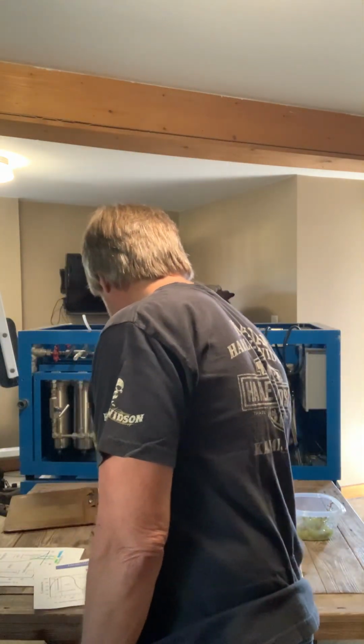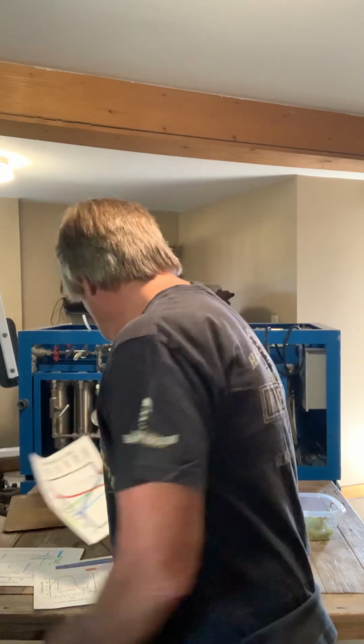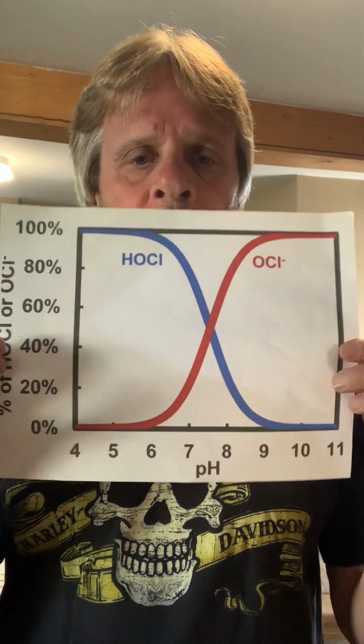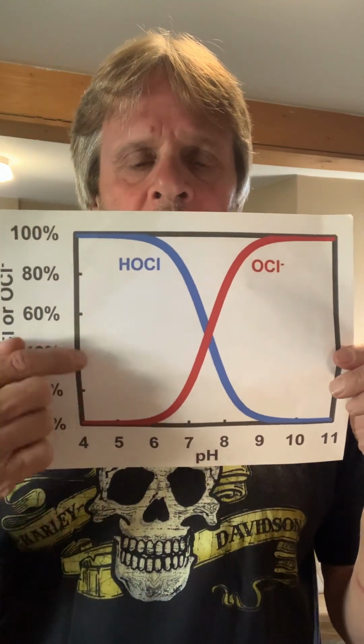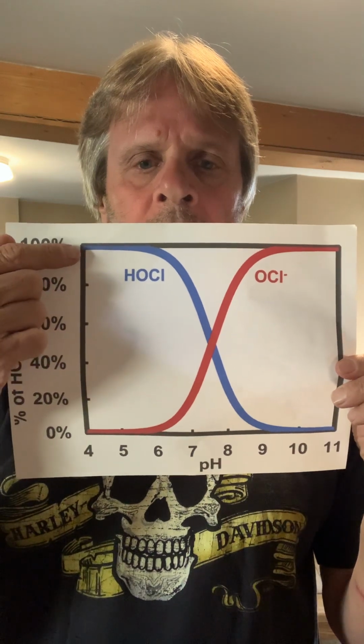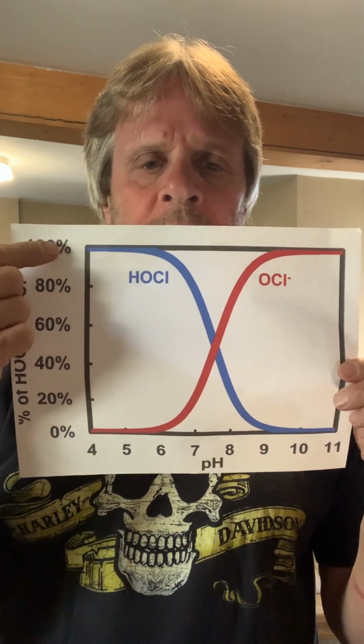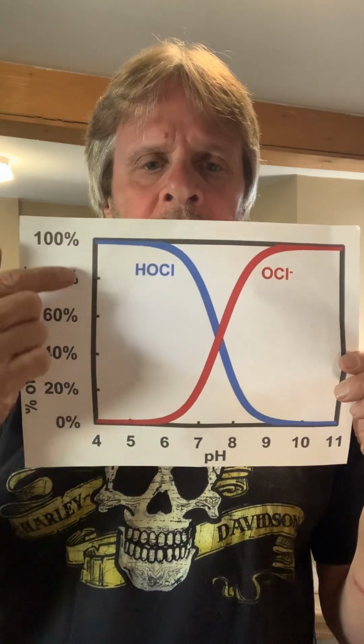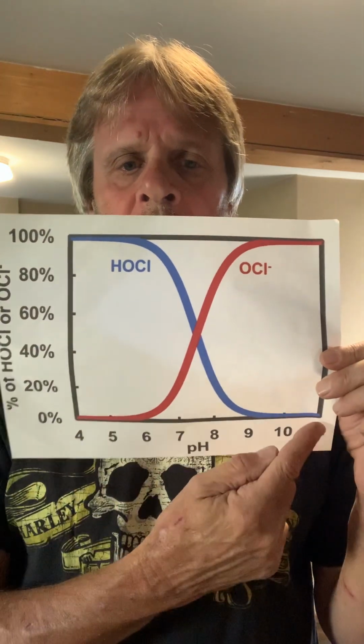Which is represented by this. So at 4 pH, you're 100% hypochlorous acid, and you're 0% hypochlorite.